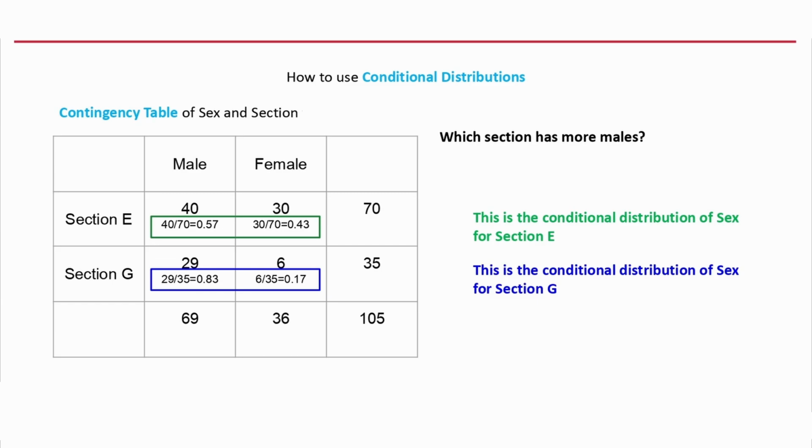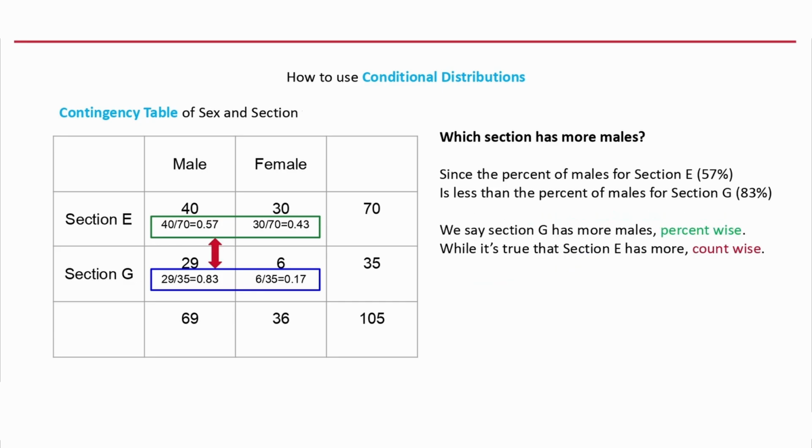So to answer that question, which section has more males, both of those things can be true. You would say that since the percent of males in section E is 57, and that's less than the percent of males in section G, which is 83, we would say section G has more males percent-wise. While it's also true that section E has more count-wise.